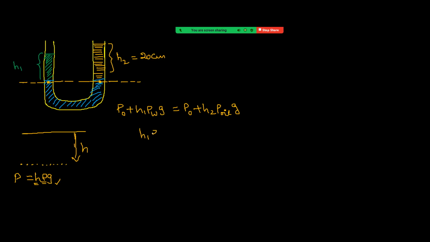Now condition is H1 density of water is equal to H2 density of oil. Okay. Now just substitute values in that. H1 we want to calculate. Density of water, it is 1 gram per cc. H2 given 20 centimeter. Density of oil, it is given 0.9. That means H1 is equal to 18 centimeter, right?